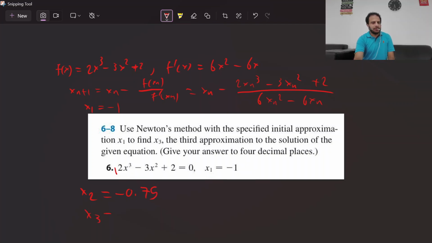Now x3, same idea, we need to put parentheses around it. So you just have to substitute.